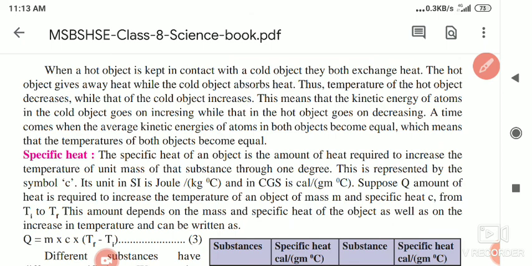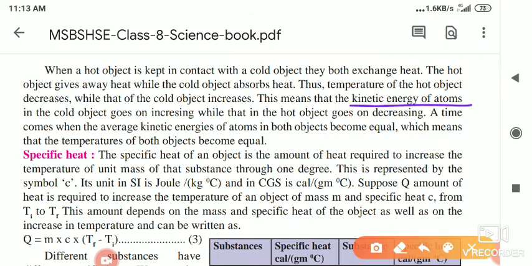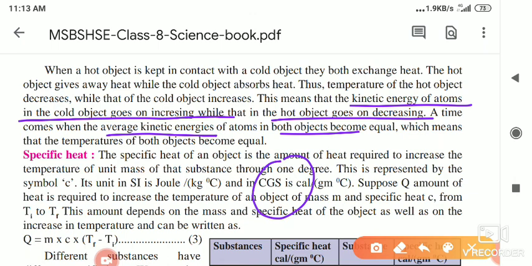The time comes when the average kinetic energy of both objects, that is, the hot object's and the cold object's temperature, becomes the same. At that time the transfer of heat stops. The temperature of both objects becomes equal, and then the exchange of heat stops.